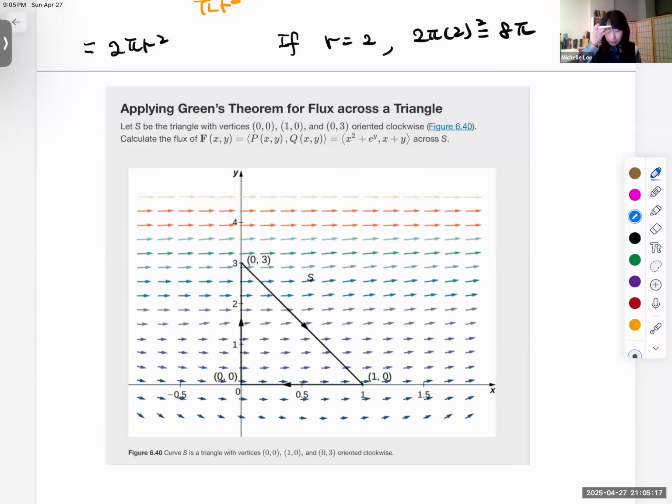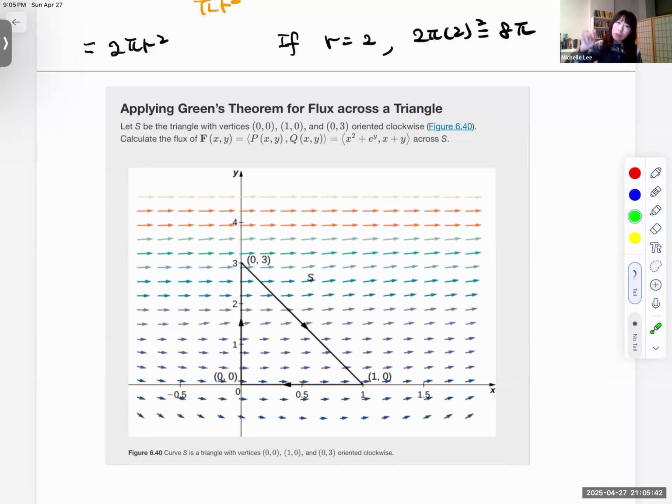Okay, so let's do this example. Let S, so normally they put the C, right? But in this case it's S, a triangle with the vertices (0,0), (1,0), (0,3), oriented clockwise, which is different.